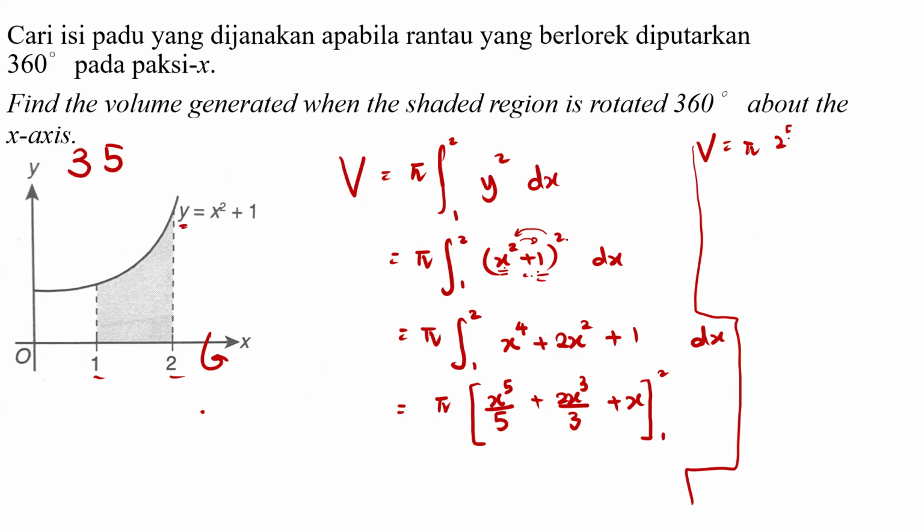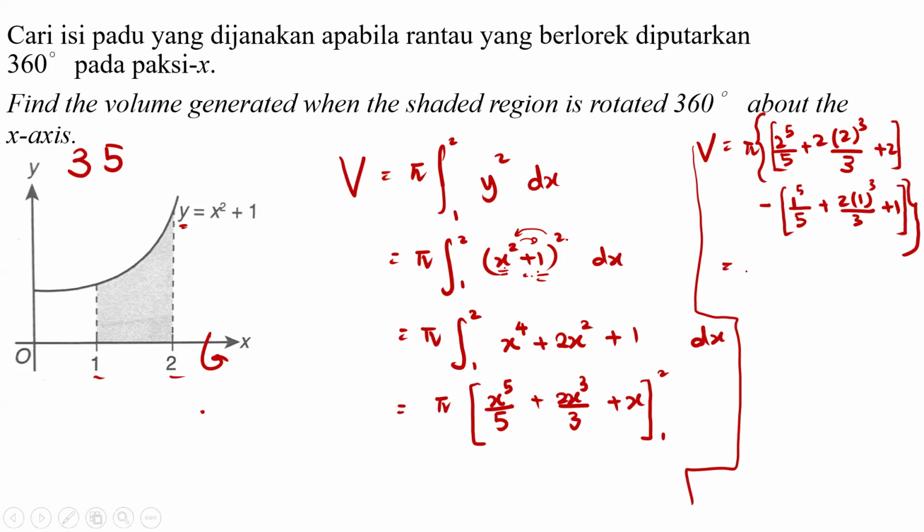So 2 to the power of 5 over 5 plus 2 times 2 to the power of 3 over 3, and then plus 2, minus the same function but with 1 in. 1 to the power of 5 over 5 plus 2 times 1 to the power of 3 over 3 plus 1. Yeah, don't forget, put a bracket here. Okay, and the big bracket, because the whole thing must attach with the pi later. So now use the calculator.